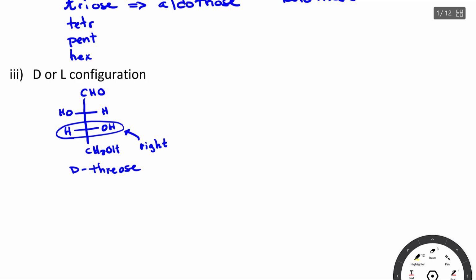And then what I'm going to do is draw its enantiomer. And if you remember, to draw the enantiomer, you draw a dashed line. And one of the ways you can draw the enantiomer, this is one of the easier ways, like this. You draw the stereocenters, when you say CH2OH, and then you just flip everything. You do the mirror image, like that.